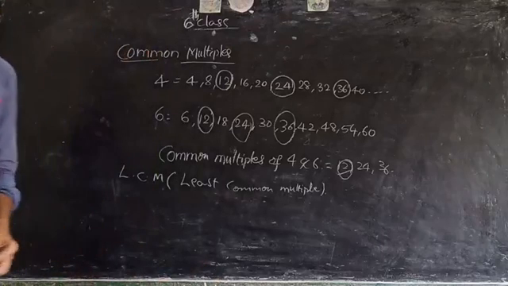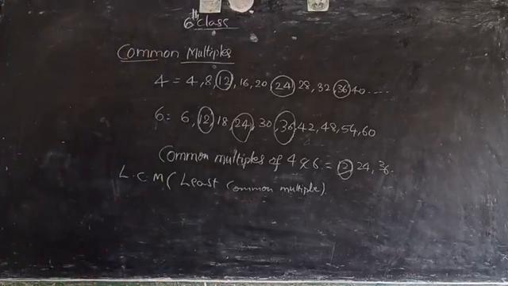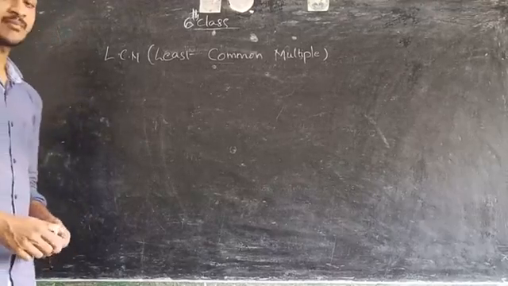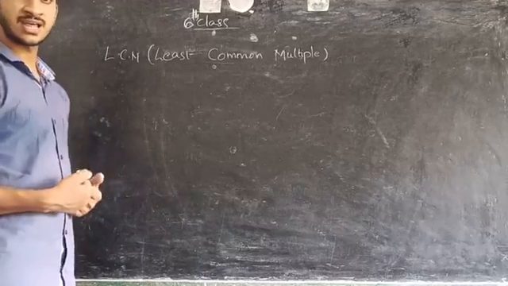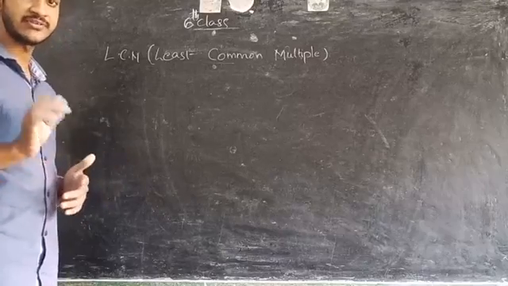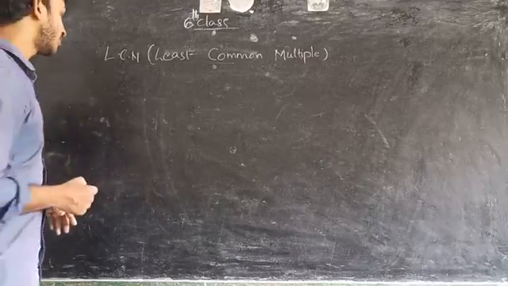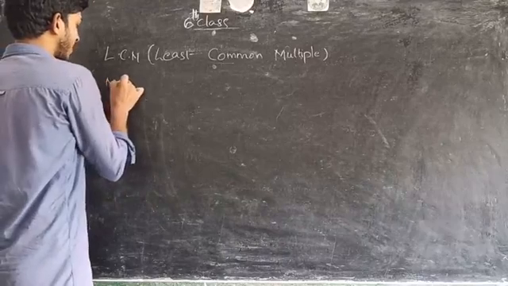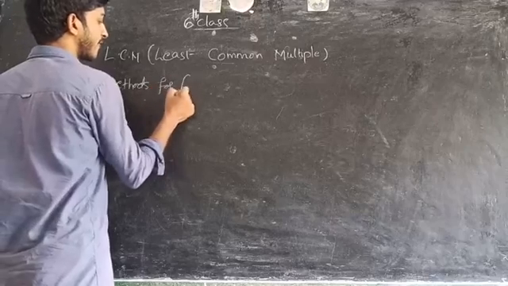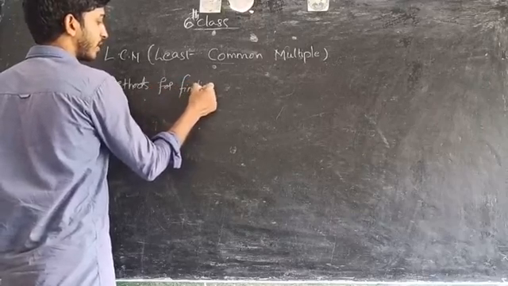Okay, children. See here, LCM, least common multiple. I said LCM means it is the lowest value or the smallest common multiple of the given two numbers. So here we have two methods for finding LCM. What are the two methods?